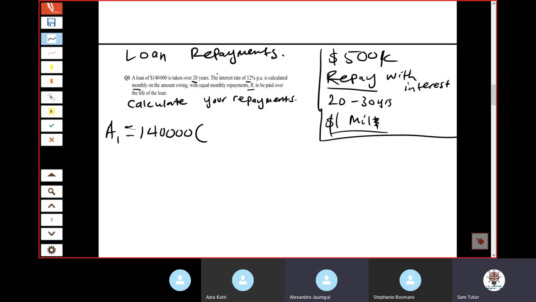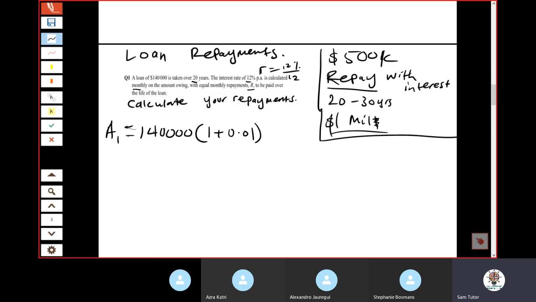Yeah, but before that, they're first going to charge you what? The interest rate. They're going to charge you interest, right? But the interest is done monthly. So 1 plus 12% over 12. So my R is 12% over 12, which should become 0.01.